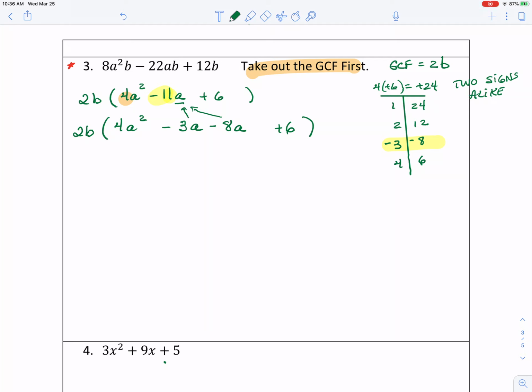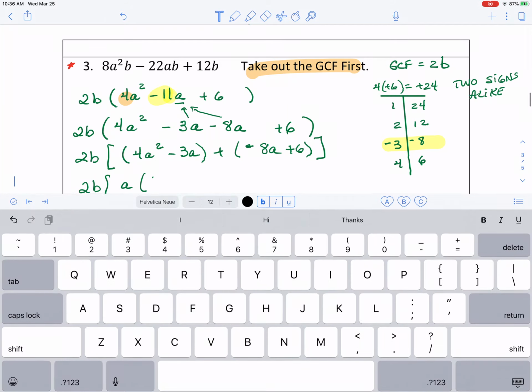All right, so this is where I need my brackets, because I want to group these 2 in parentheses and separate with a plus, and group these 2 in parentheses and close that down with a bracket. So the first pair in the first parentheses, I see a common a.